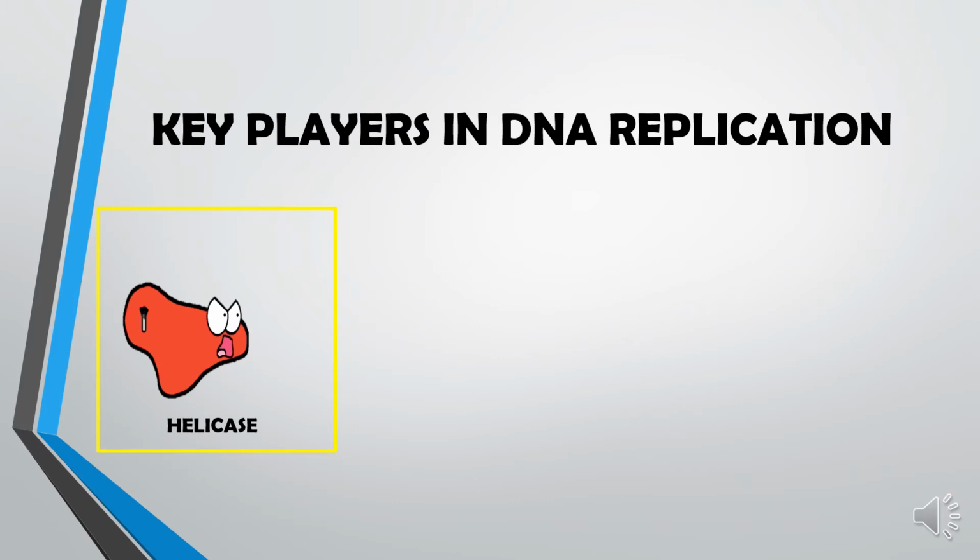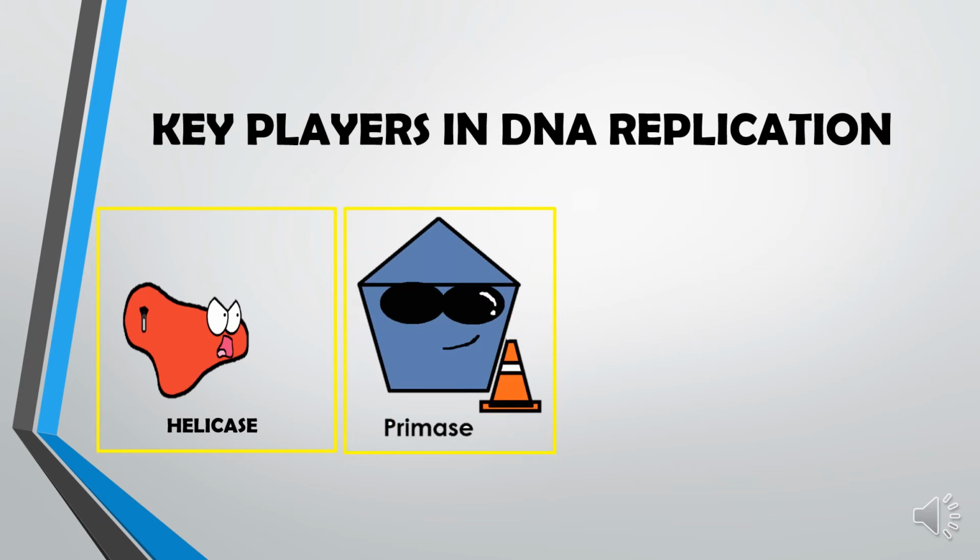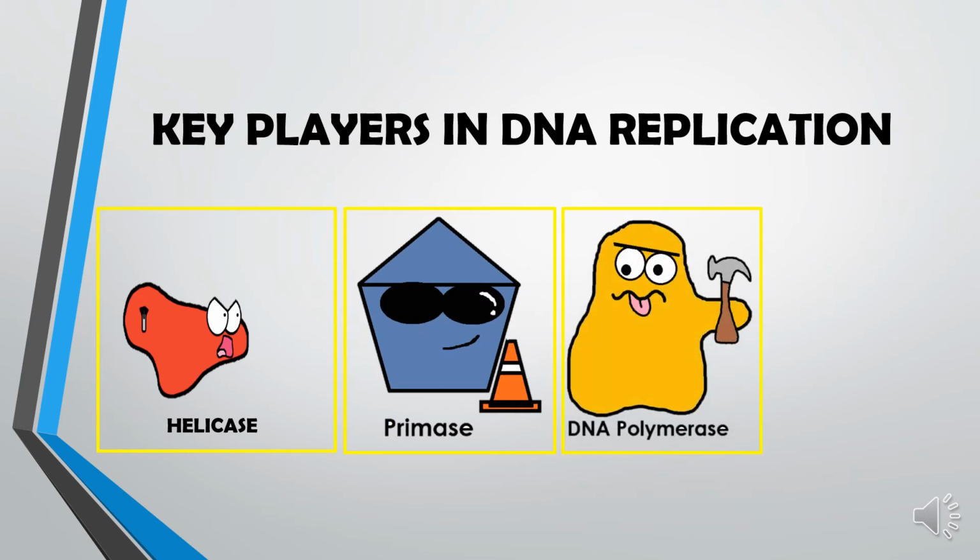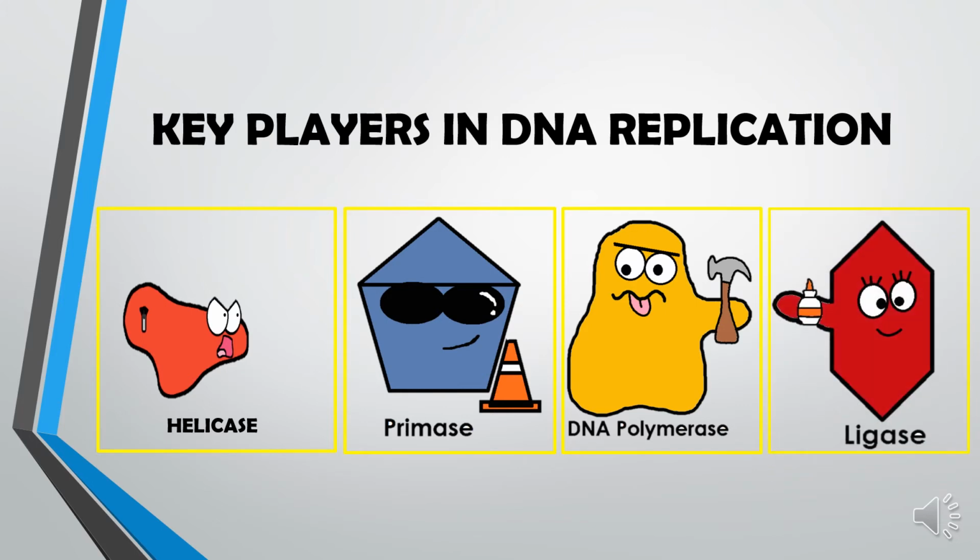We'll learn about helicase in the next slides. Next is primase, or the initializer. The next one is DNA polymerase, which is better known as the builder. And lastly is ligase, or the gluer.